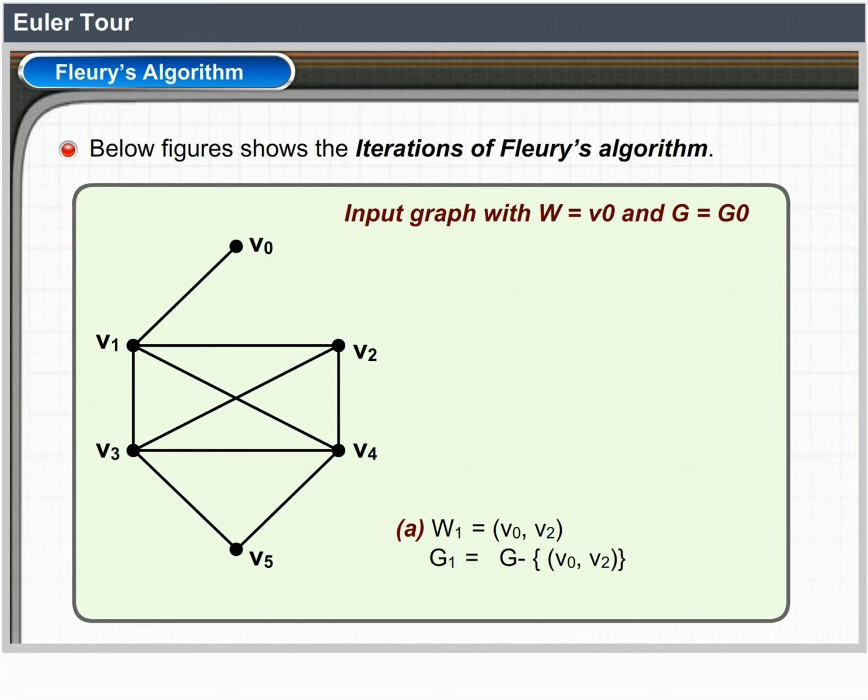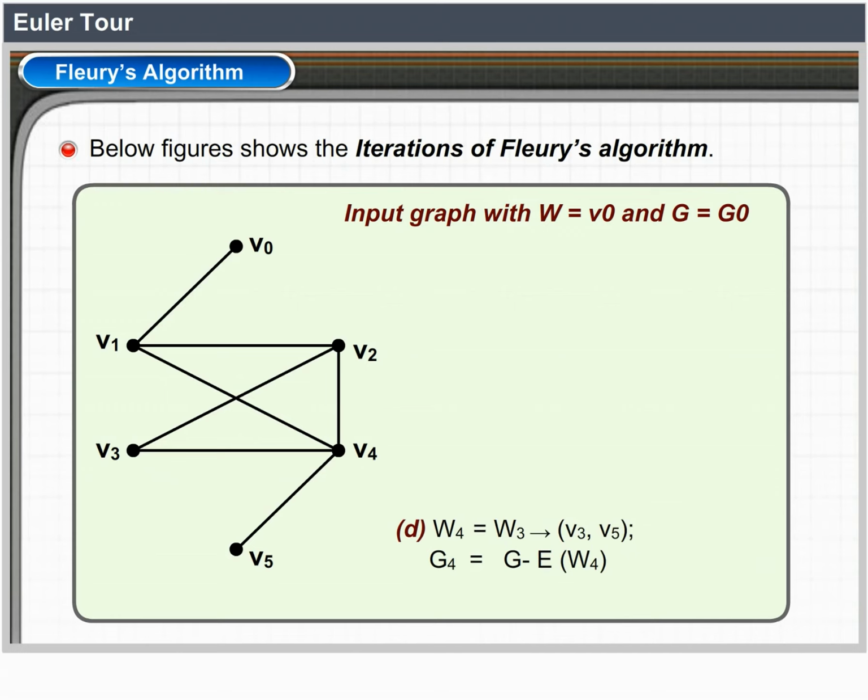W2 equals V0, V2 and V2, V1. Then G2 equals G minus E of W2. W3 equals V0, V2, V2, V1 and V1, V3. Then G3 equals G minus E of W3. W4 equals W3 implies V3, V5.